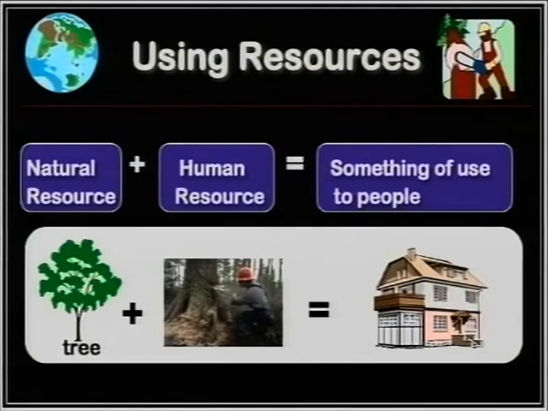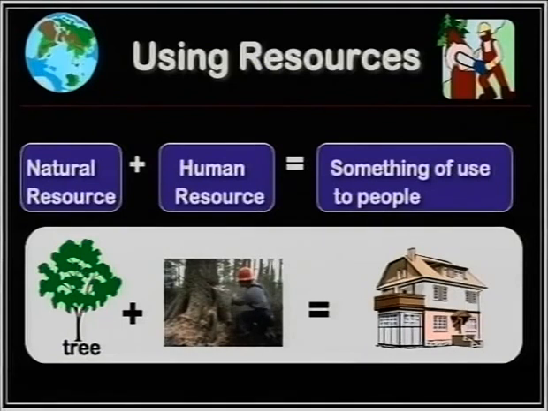Right. Now, are there any other examples of natural resources and how they can be useful to people? Using this formula here, natural resource plus human resource equals something of use to the people. Any examples, please, 8Cs and receiving students? We've given you one example, tree.